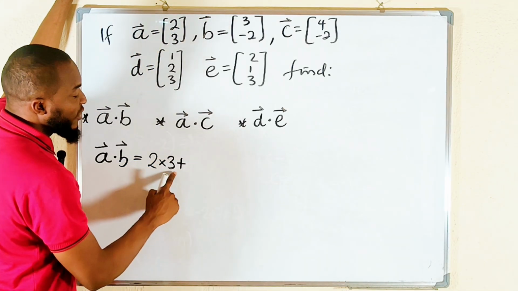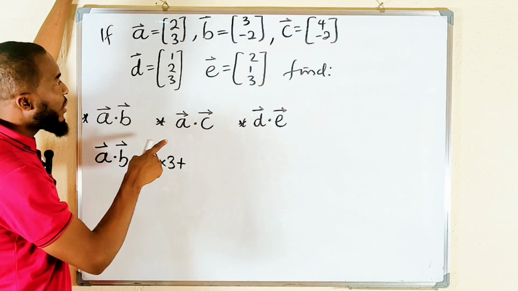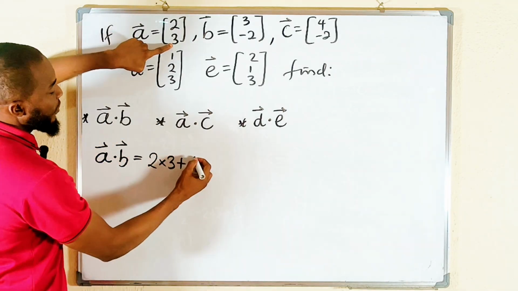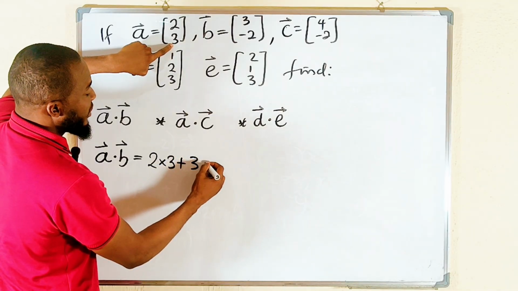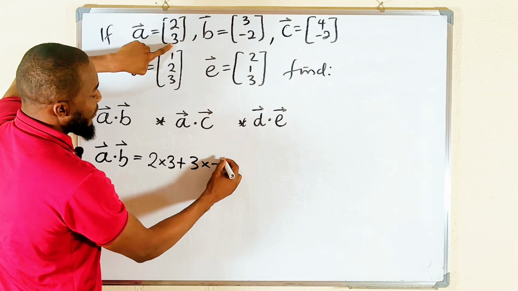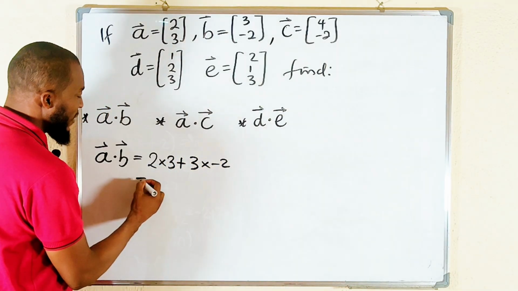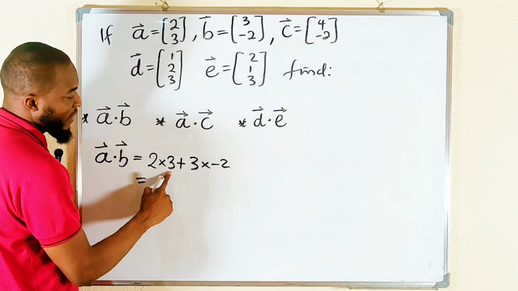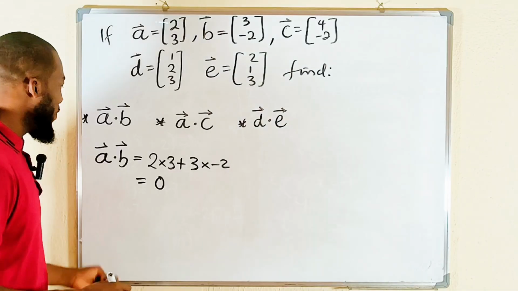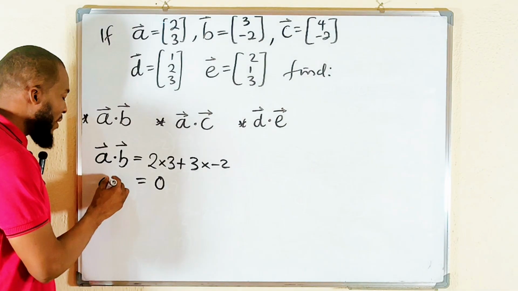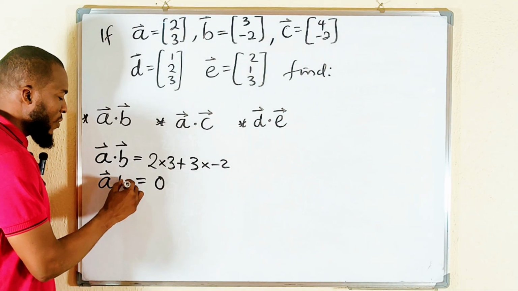Then you add the sum of the product of their corresponding components. Then 3, that is y coordinate, multiplied by -2. If you simplify, this is going to give us what? 6. This is -6. Together you have 0, which means that the dot product between a and b is 0.